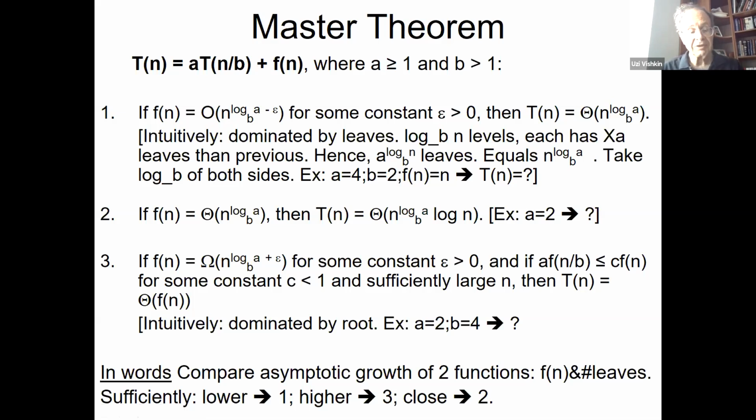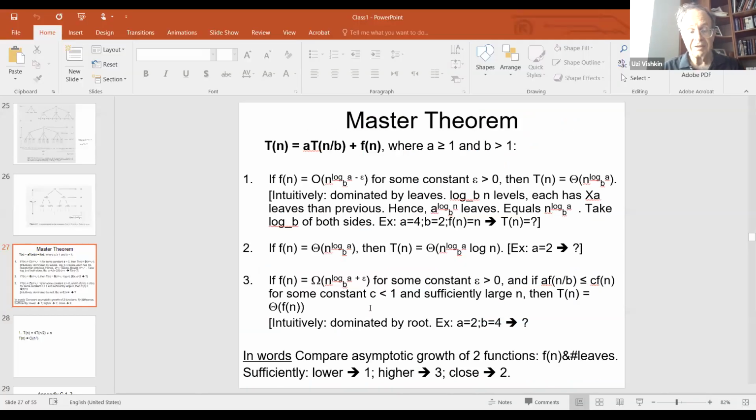Okay, so it's important that you understand the limitation of the master theorem, and overall the best way to remember it is that we have these two terms, n to this power and f(n). And what is the question?